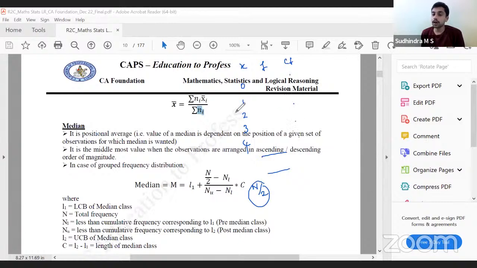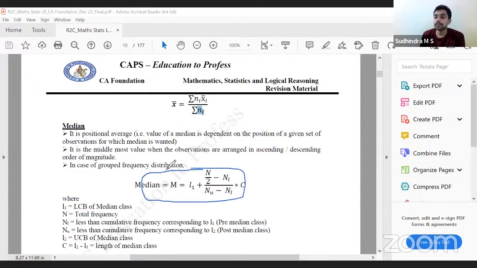Using the help of cumulative frequency column, that particular value of x represents the median. That is in case of discrete. However, in case of continuous frequency distributions, we have this formula to calculate median. L1 plus n by 2 minus nl divided by nu minus nl into C.